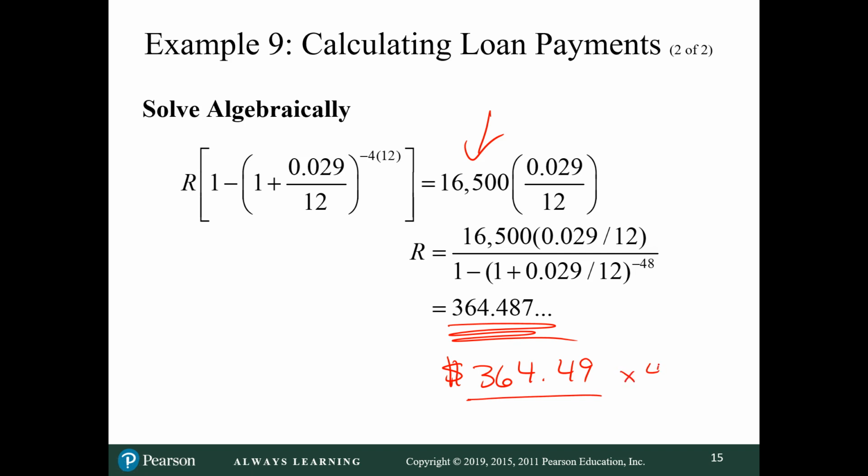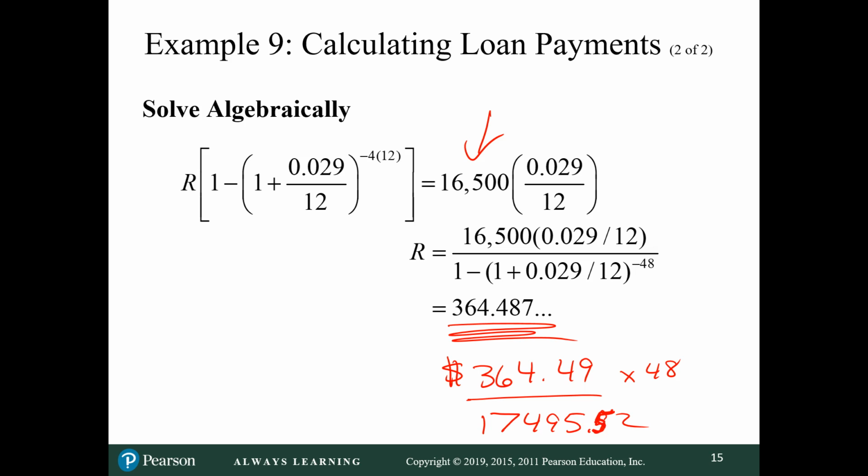Just take this times 48. What are you going to get? $17,495.52. Okay.